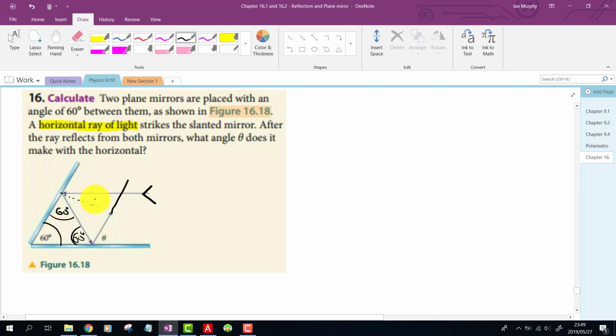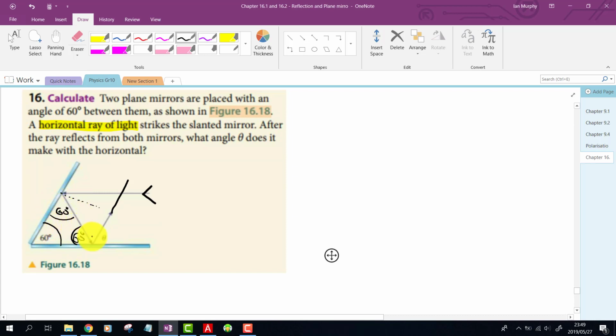So this angle has to be equal to that angle, has to be equal to that angle, but in short, I know that explanation didn't really help. If you get a question like this, just know that an equilateral triangle is formed. So then this angle is going to be 60, that angle is going to be 60, that angle is going to be 60, and the total sum of this triangle will be 180.